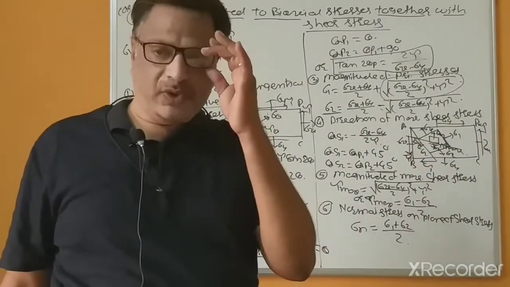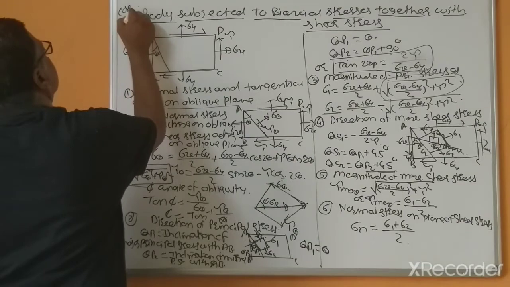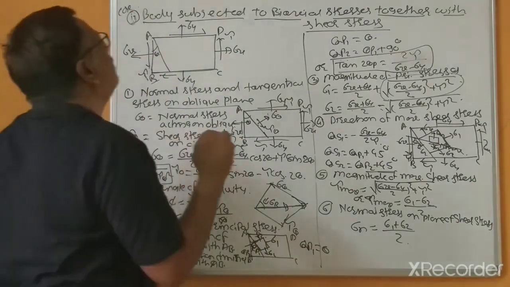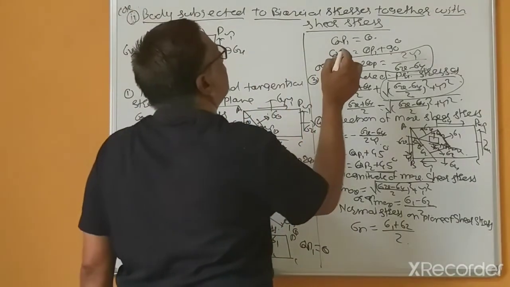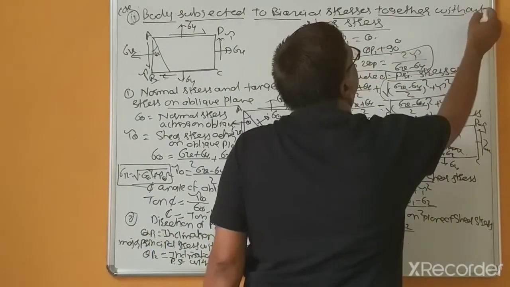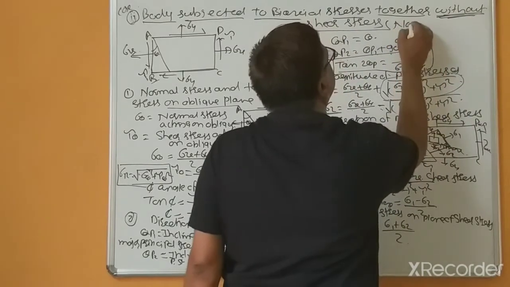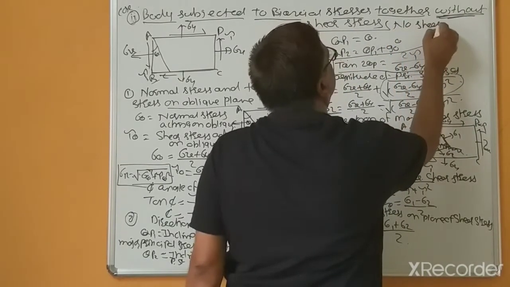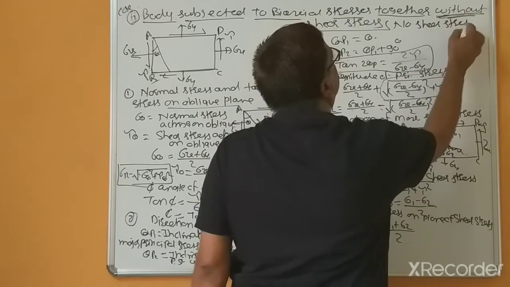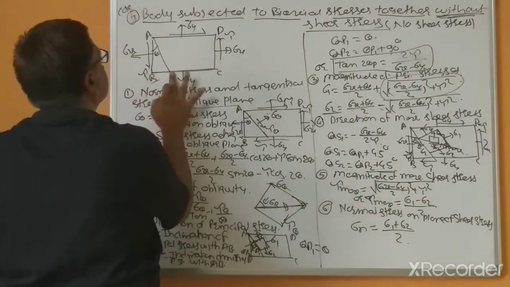Now we will see the second case. This is the second case: body subjected to biaxial stresses without shear stress, or no shear stress.